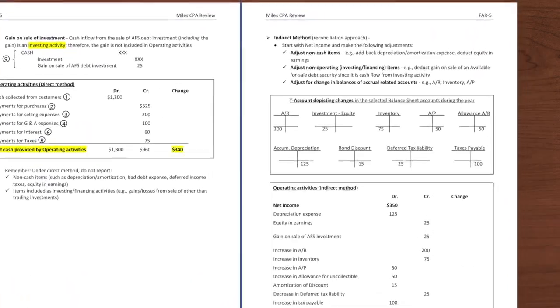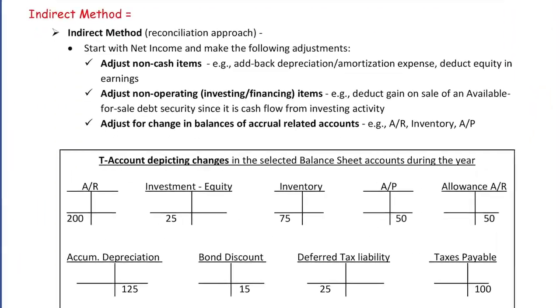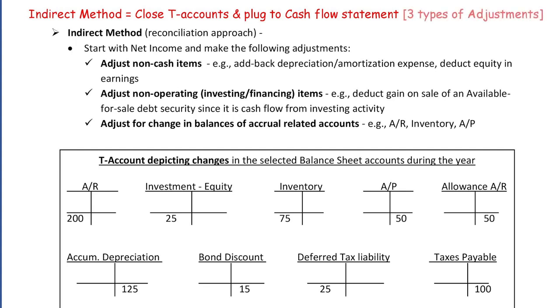On page 51, we are looking at indirect method where you need to close T accounts and plug to cash flow statement. And we're talking about 3 types of adjustments. So adjustment number 1 and highlight non-cash items are adjusted.